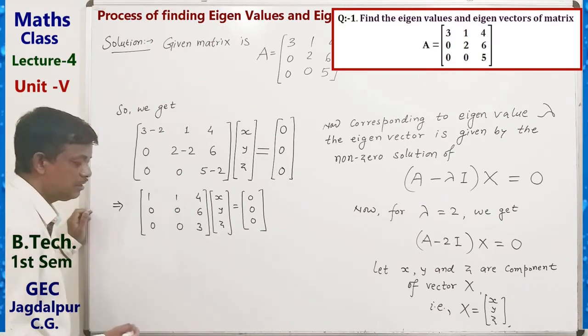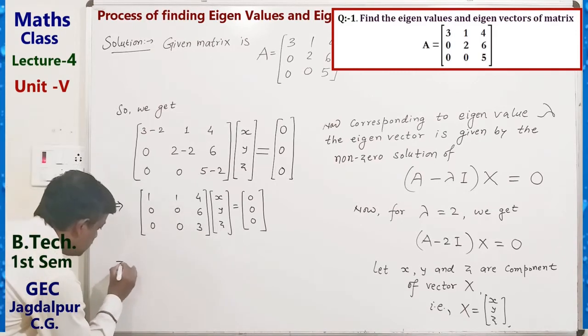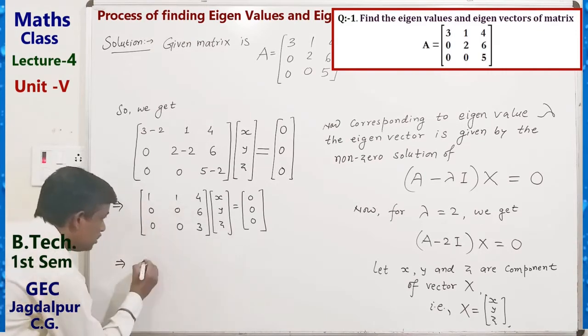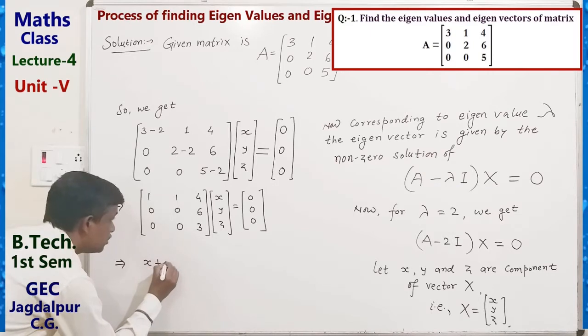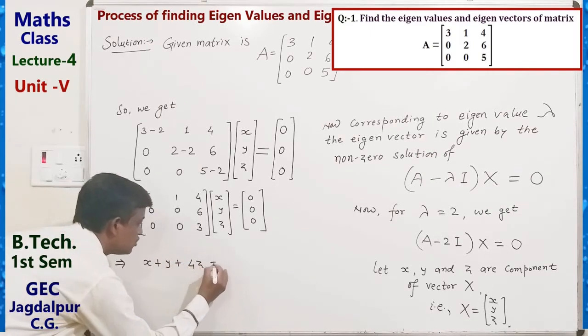So write the equation from here. This implies the first equation: x plus y plus 4z equals 0.